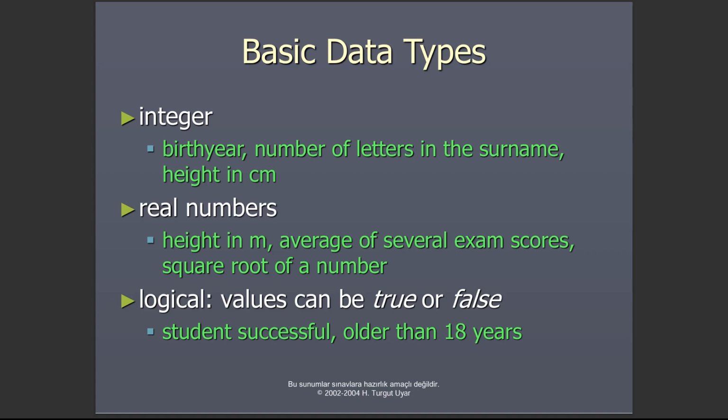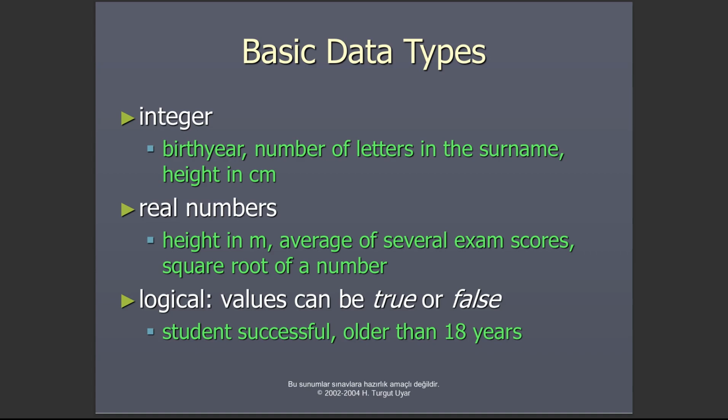And real numbers, these are numbers with decimals, like 1.75 meters or an exam score average. Logical, these are true or false. For example, is the student older than 18? The answer can only be true or false. This is a boolean. The other types help us represent different kinds of information in our programs.